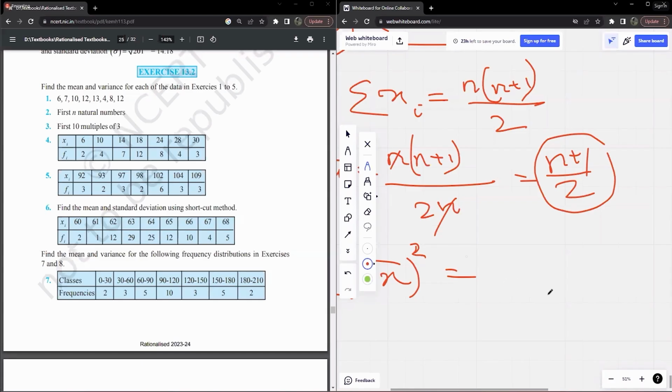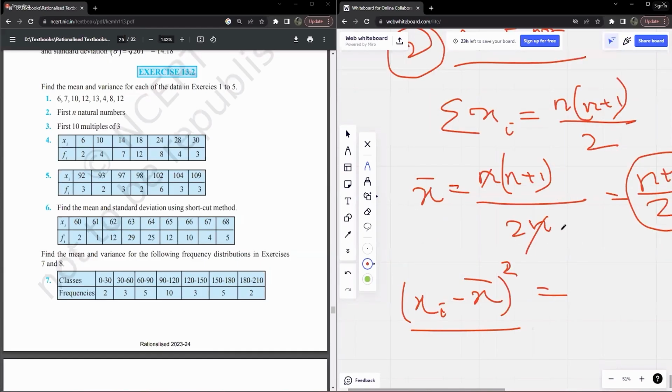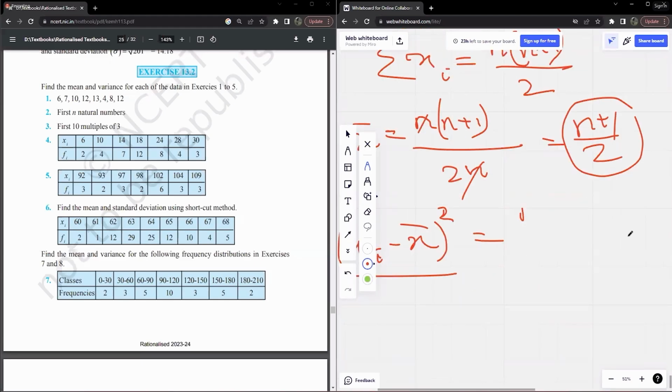Instead of finding this out, you use the alternative formula for the variance, because this is going to give us values like n minus 1 by 2 the whole square plus n minus 3 by 2 the whole square, which is pretty hard to resolve.